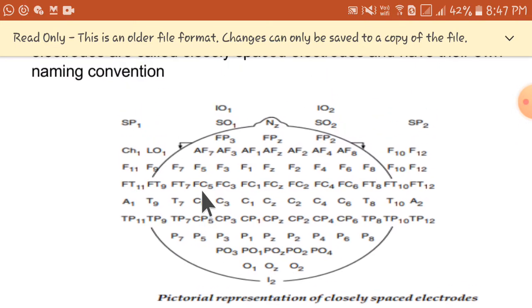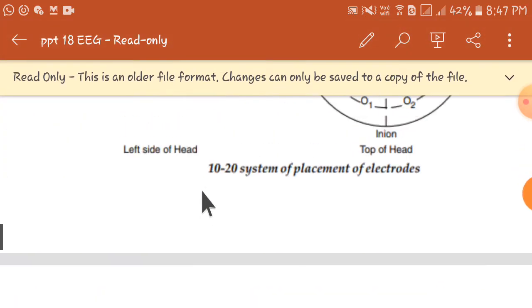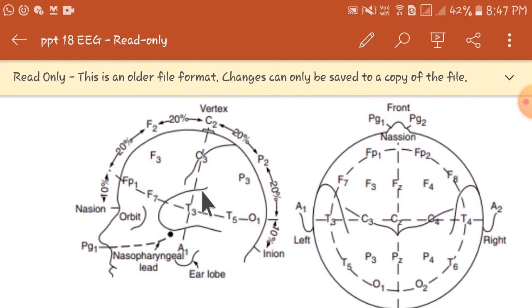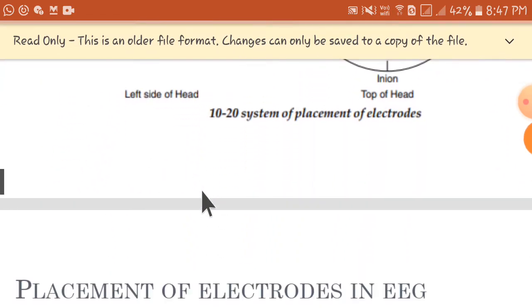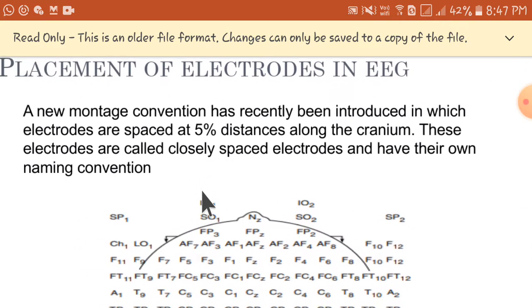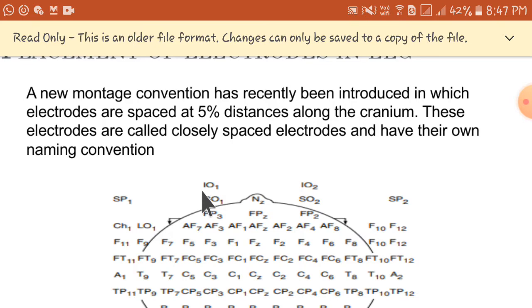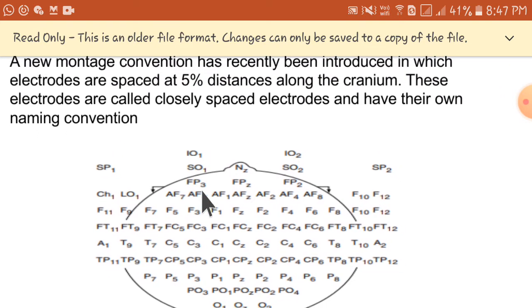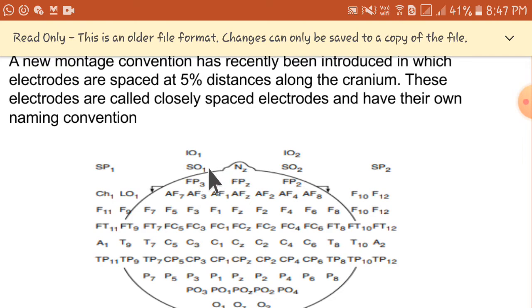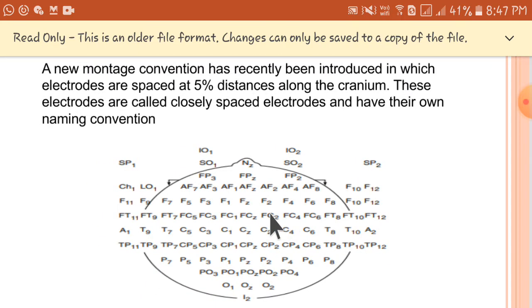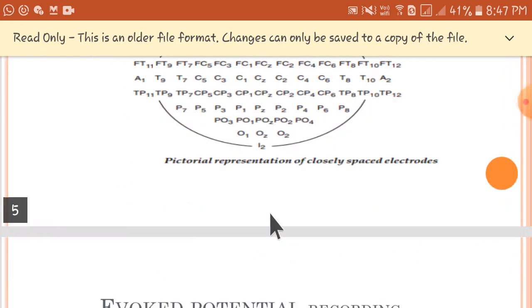For exams you have to write only the standard method, the 10-20 system. I have discussed this closely spaced method just to let you know. So that was all about the placement of electrodes in EEG.